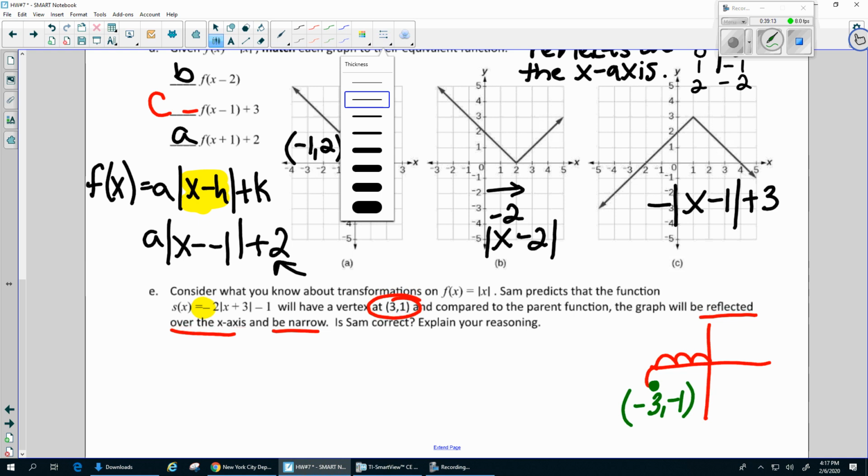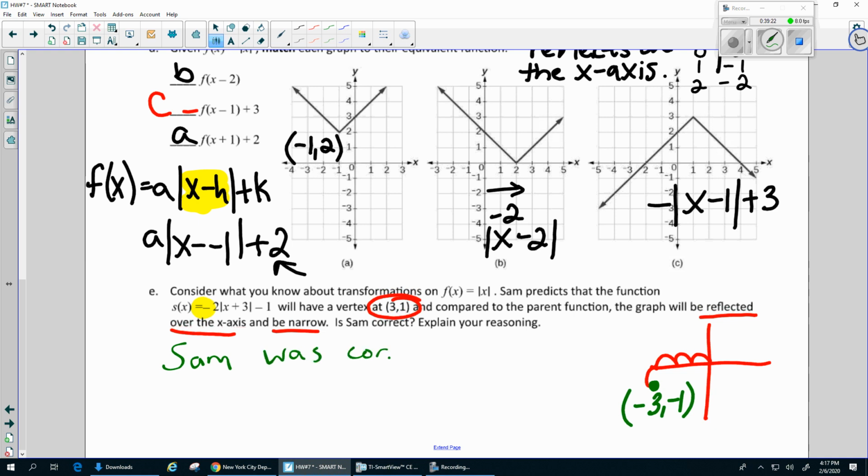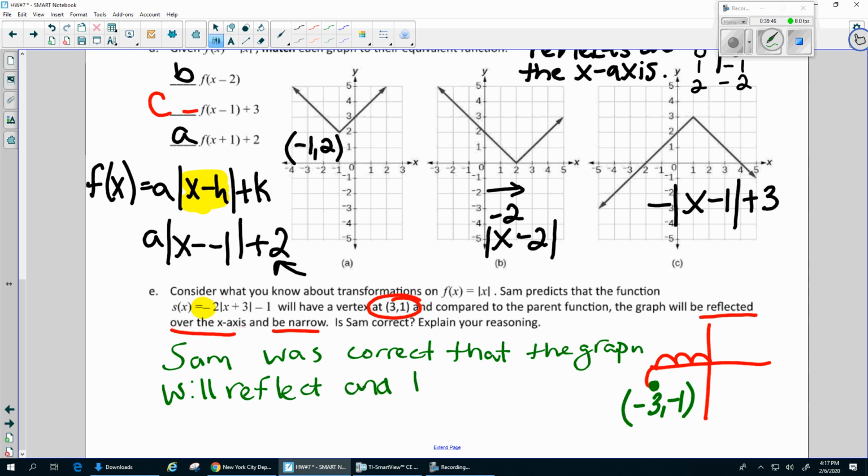So we can say that Sam was correct for 2 parts: that the graph will reflect and be more narrow.